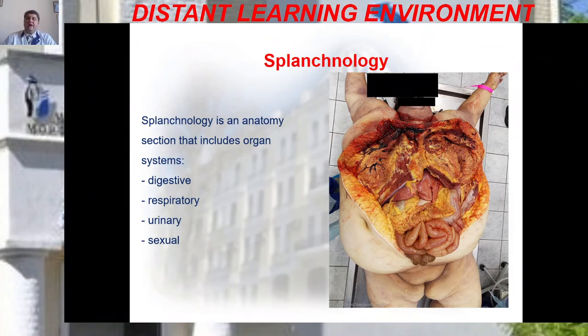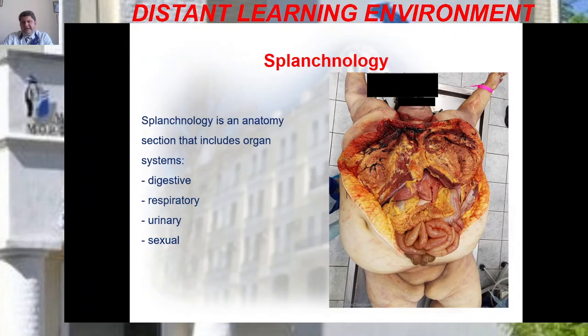And all these organs are localized in the thoracic cavity and abdominal cavity. All internal organs are called in Latin viscera and in Greek splanchna. And you may see this term splanchnology, which means internal organs of all these systems.